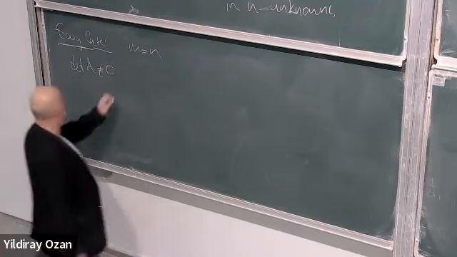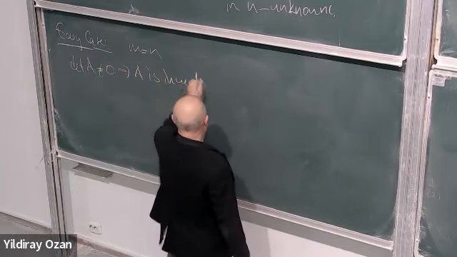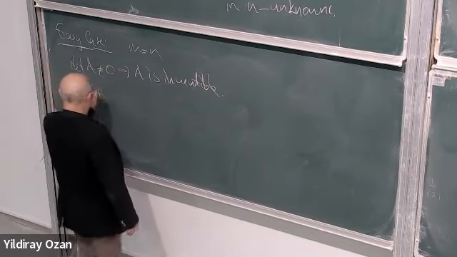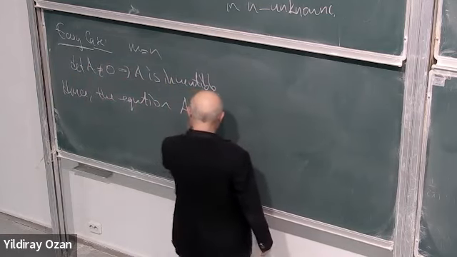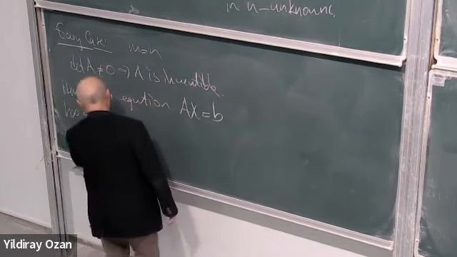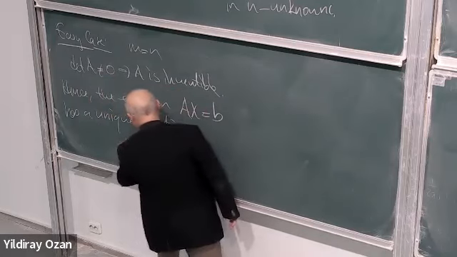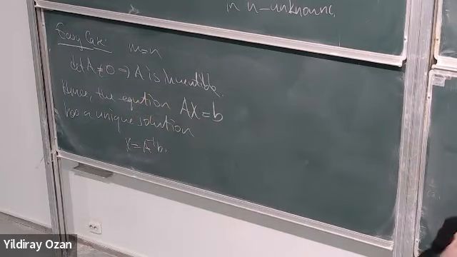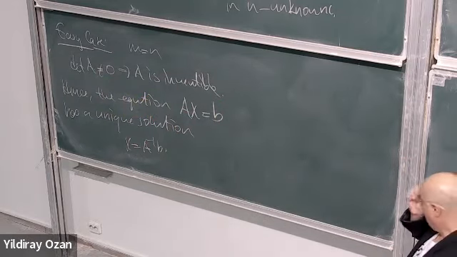In this case, A is invertible, and hence the equation AX equals B has a unique solution, X equals A inverse B. And last time we have seen how to obtain this solution using Gaussian elimination.